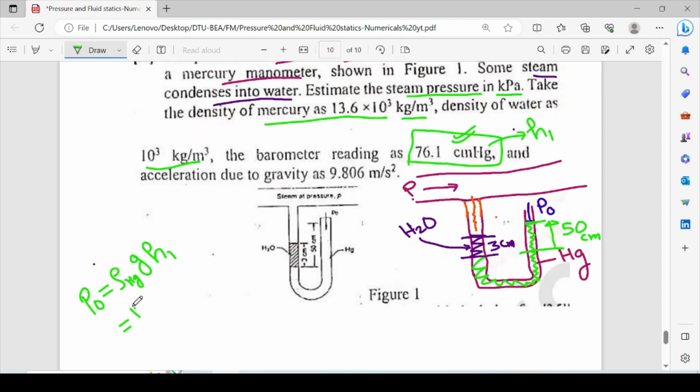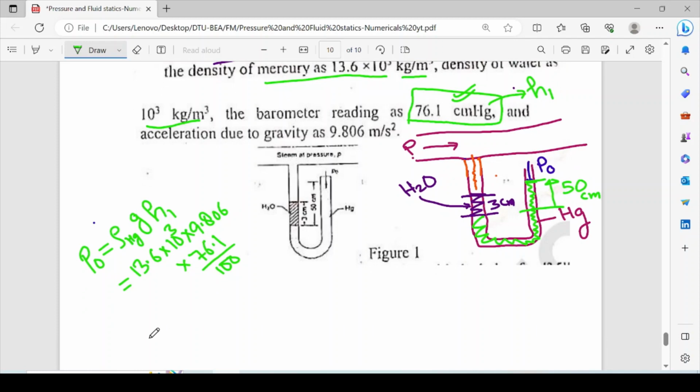Density of mercury is 13.6 × 10^3, g is 9.806, and h1 is 76.1 centimeters, converted to meters. After solving this we find the pressure is approximately 101.36 kilopascal.